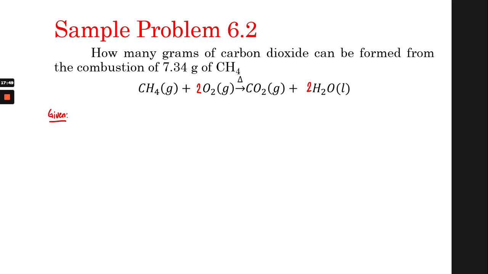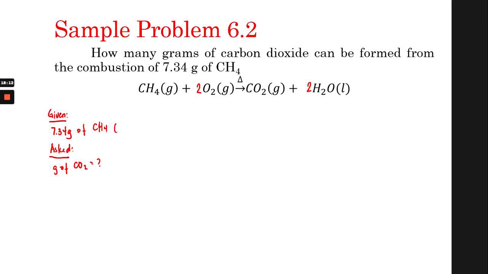So we are given 7.34 grams of methane, and what is asked is how many grams of carbon dioxide can be formed from the combustion of 7.34 grams of methane.